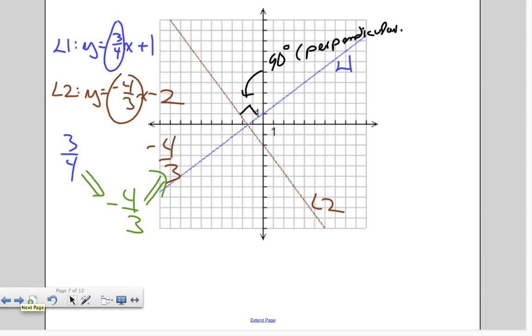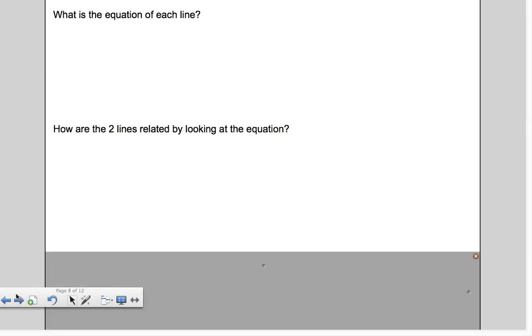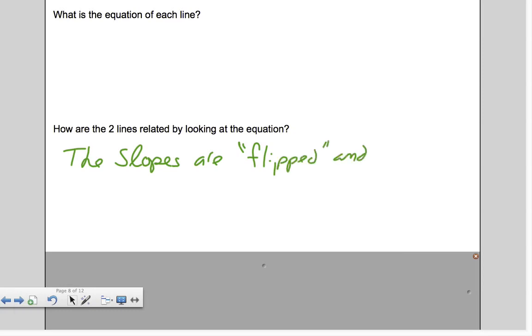Okay. So these are two lines, and that's how they're related, right? The slopes are flipped and the sign changes.